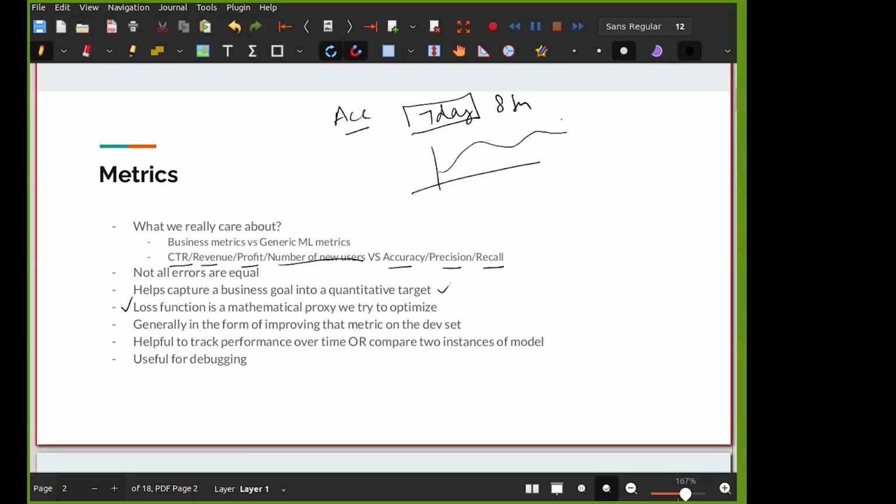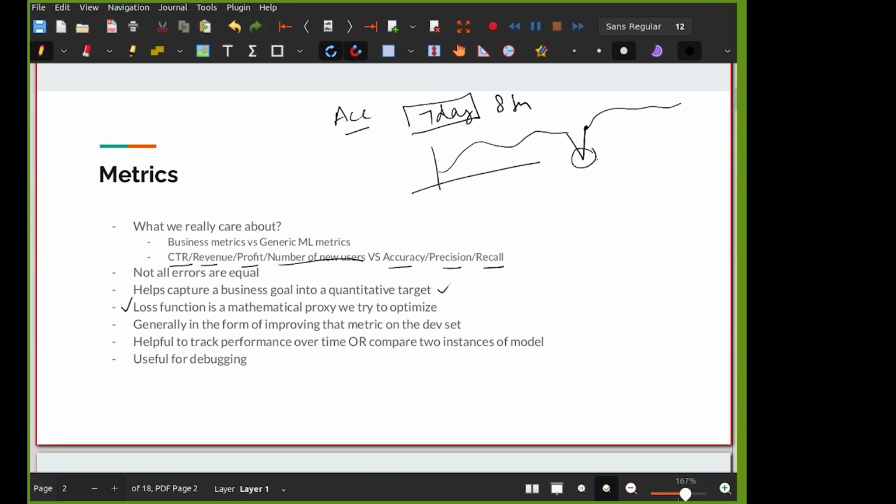And let's say you're training the model every day. Maybe someday the accuracy dropped suddenly. And it could be because of various reasons, including some issue in the training data, which comes from some flaw in engineering systems. So metrics are useful even to track the performance over time.